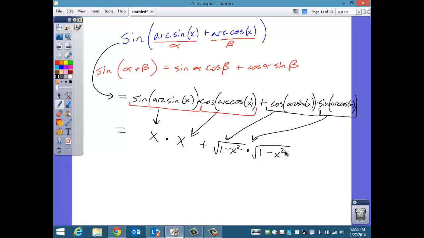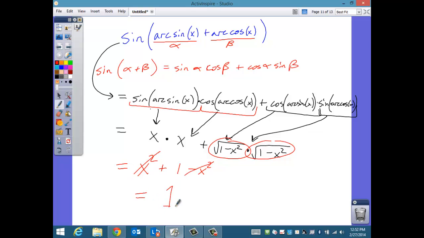So, I'm about ready to wind this up. x times x is x squared. This times itself is just the radicand itself because it's a square root times itself, so I just get the radicand. So I have x squared plus 1 minus x squared. These make 0.